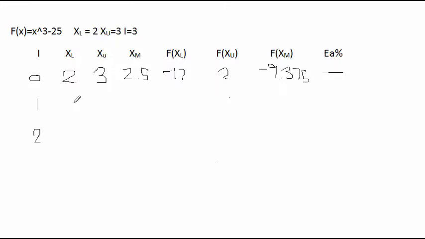Thus, here the function of the lower limit multiplied by the function of the midpoint of x is greater than 0. It is said in the algorithm that we will set our lower limit as the midpoint of x. Now we use 2.5 as the new lower limit of x. We will just retain our upper limit.